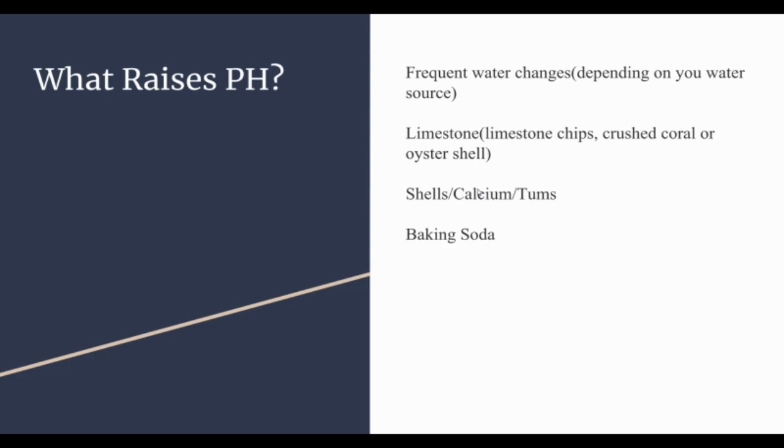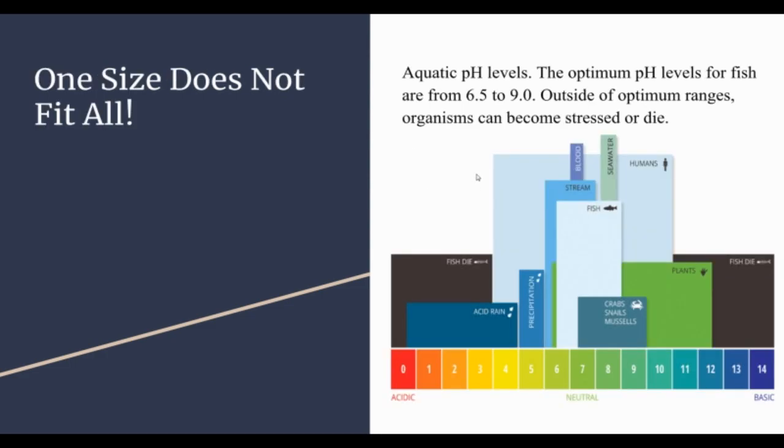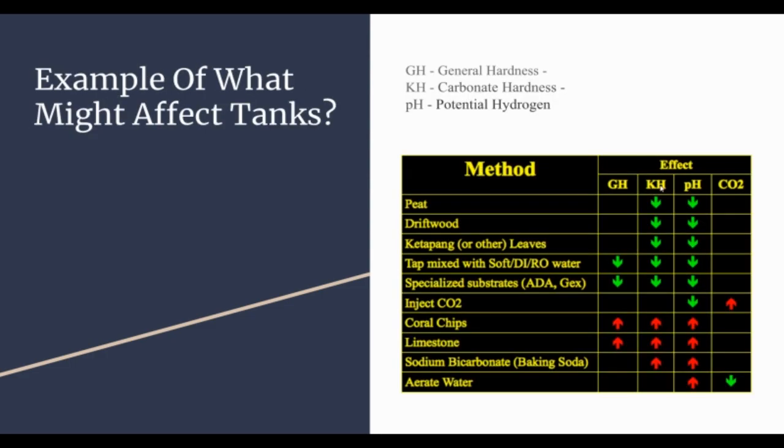Over time, these leach into your system, which is your carbonate hardness. Again, that can be affected by water changes. Your general hardness is directly affected off of that, and then it goes to your pH.